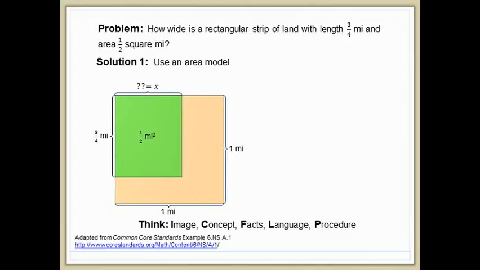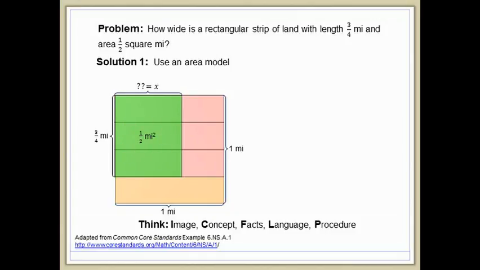You've noticed that I've chosen the units and the size of things carefully, so that the length of the piece of land is in fact 3/4 of a mile. 3 pieces out of 4 in this direction. And I still don't know what this width is. I just need to know that this has to represent 1/2 square mile.